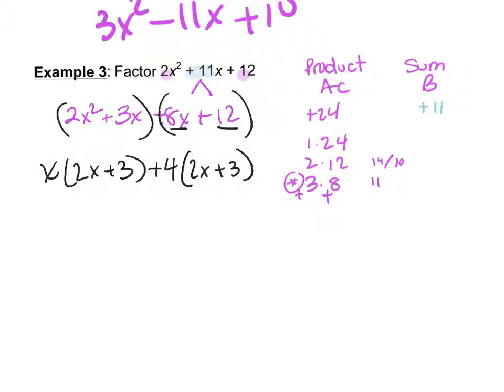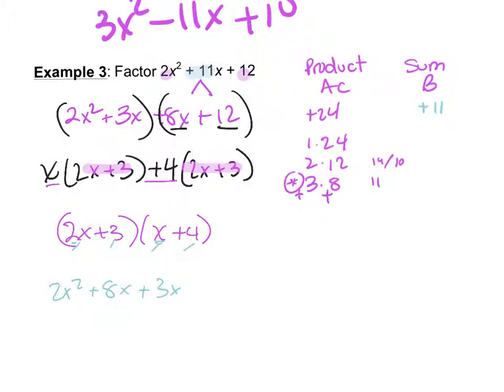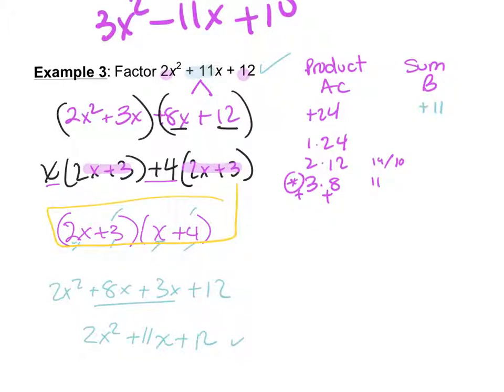A common factor is 2x plus 3, so I factor that out, and I'm left with x plus 4. Always check your work to see that you did it correctly. First times first, outer times outer, plus 8x, inner times inner, plus 3x, last times last, positive 12. Together, that combines the middle term, and it's the same as the original, so I know that's the factor.